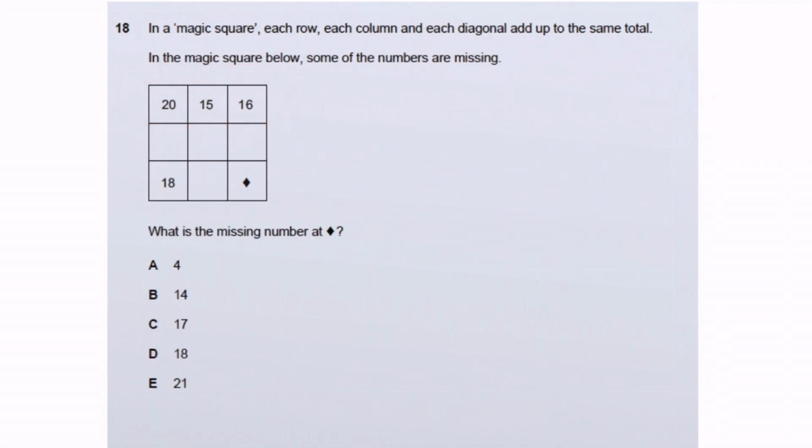Since we have 3 values here, what we can do first is to just add them up to find the totals that each row, column, and diagonal should equate to. So when we do 20 plus 15 plus 16, we should get 51. And so this is the total we are always looking for.